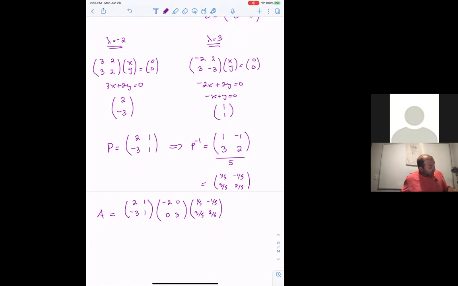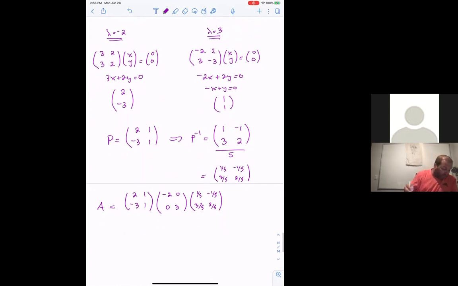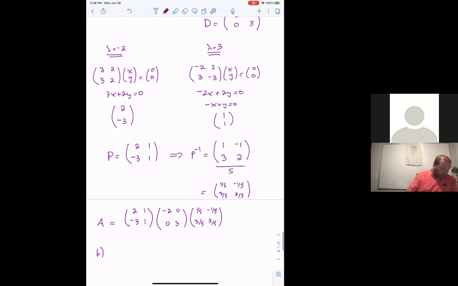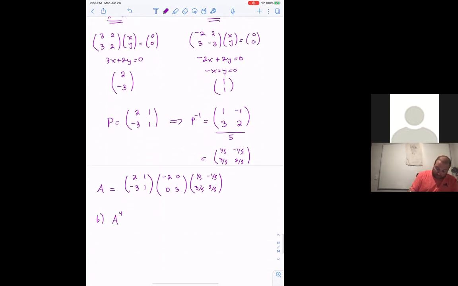Okay, now, what is part B? It says, what is A to the fourth? Well, A to the fourth then is 2, 1, negative 3, 1, times negative 2, 0, 0, 3, to the fourth, times 1/5, negative 1/5, 3/5, and 2/5.